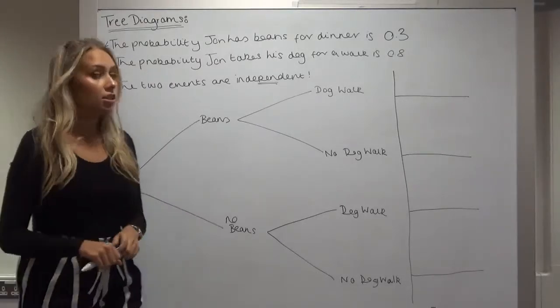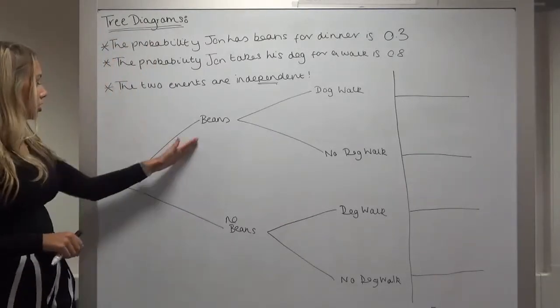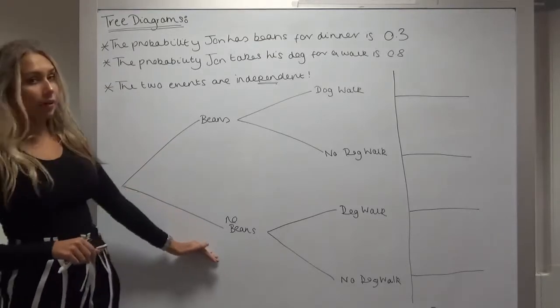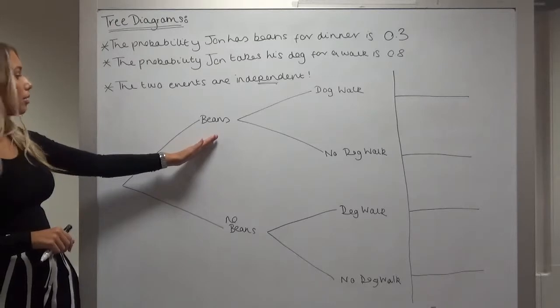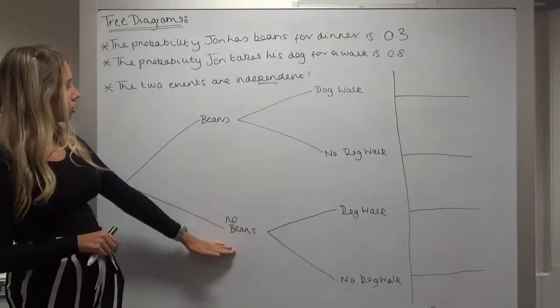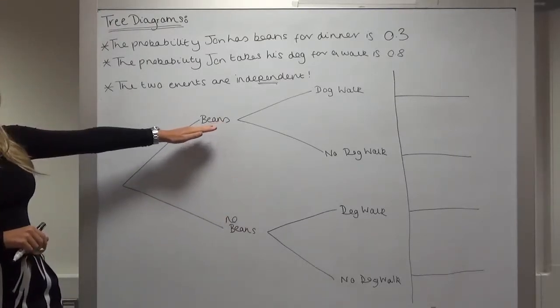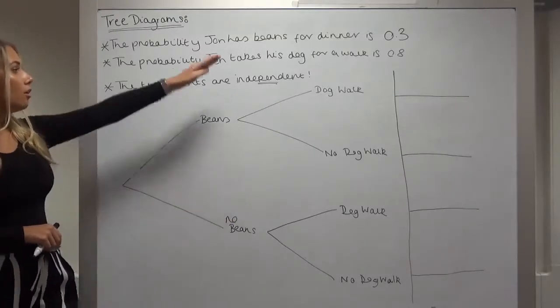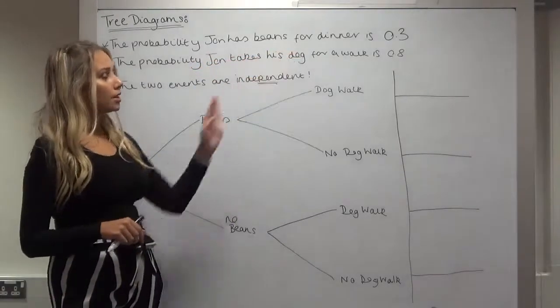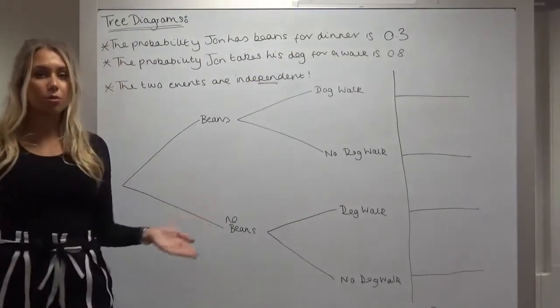Okay, so each of the branches represent a possible outcome. On the first branch of our tree diagram, the two outcomes show us that John can either have beans for dinner or he can not have beans for dinner. From the question, we know that the probability that he has beans for dinner is 0.3.